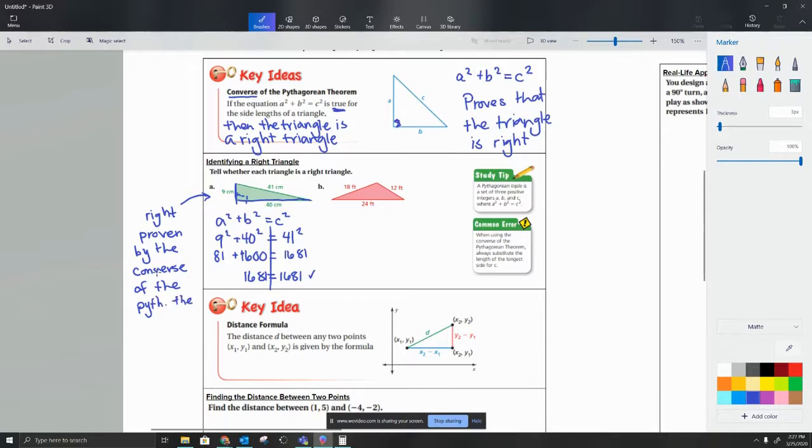And that's our new vocabulary. Okay. So converse of the Pythagorean theorem. So it's right because proven by that. Okay, so let's try this next one.